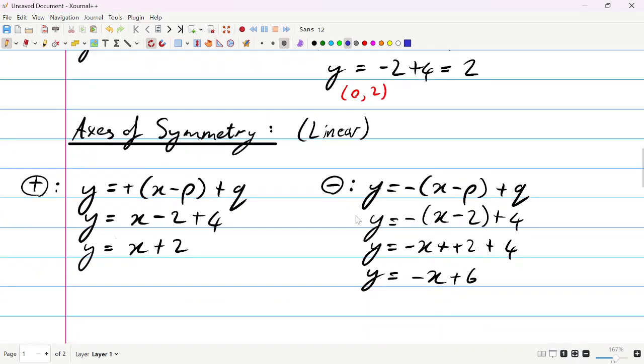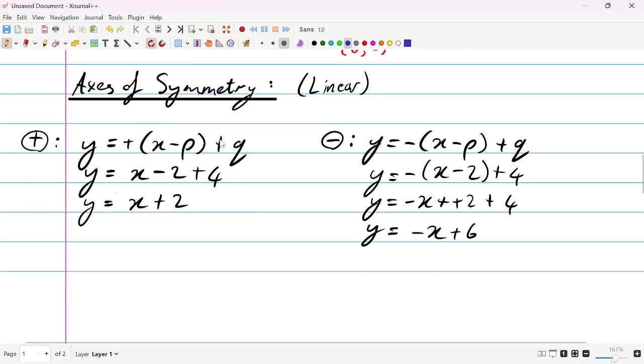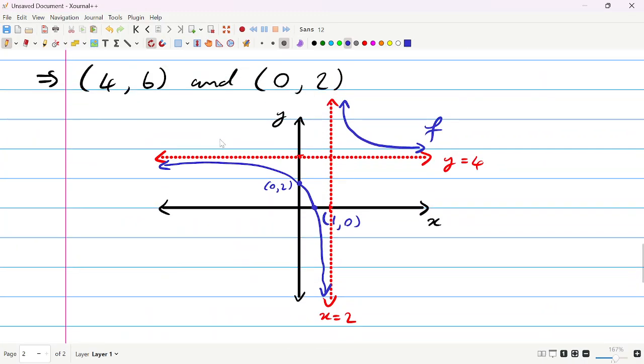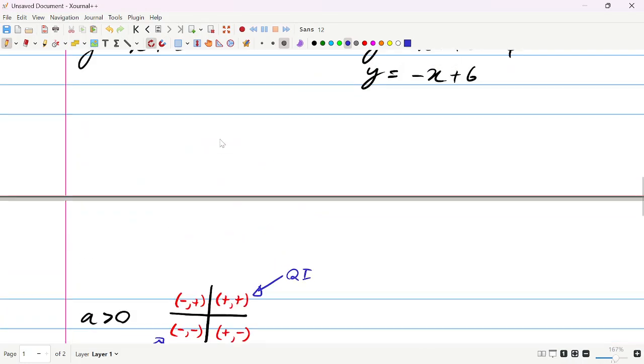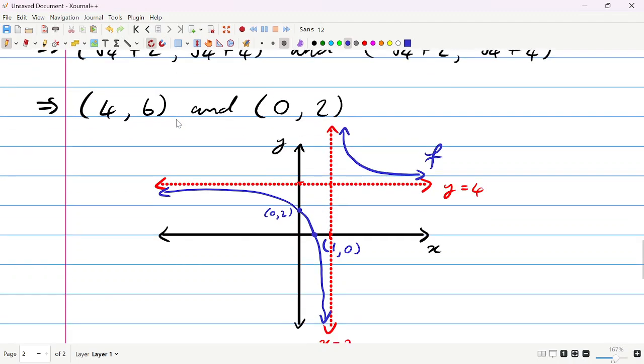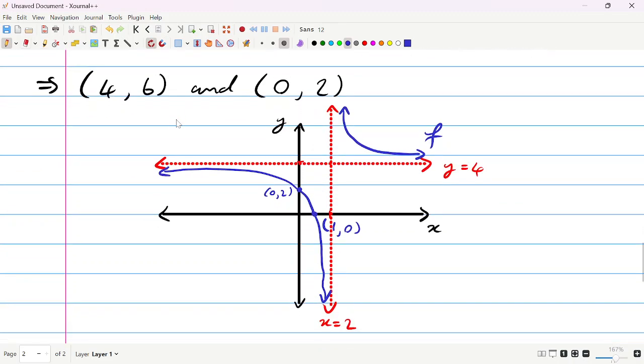Okay, what other points do we have? We have axes of symmetry, right? So let's actually draw axes of symmetry. How do we do this? What are the equations of our axes of symmetry? It's y equals x plus 2. What does y equals x plus 2 look like? So I'm going to do it in a dashed way, and the axis of symmetry can be represented by green.